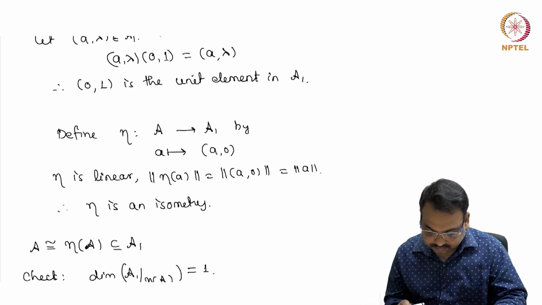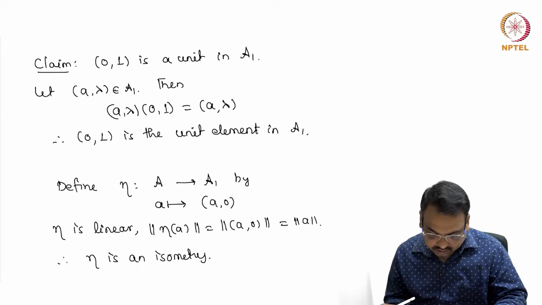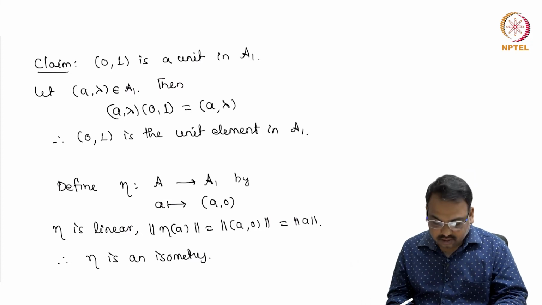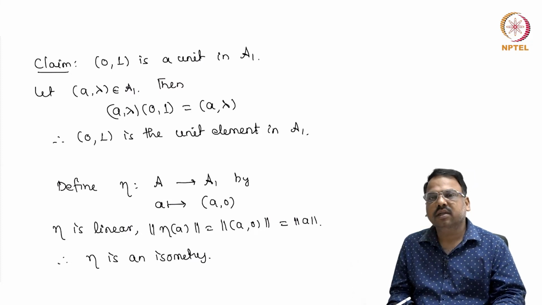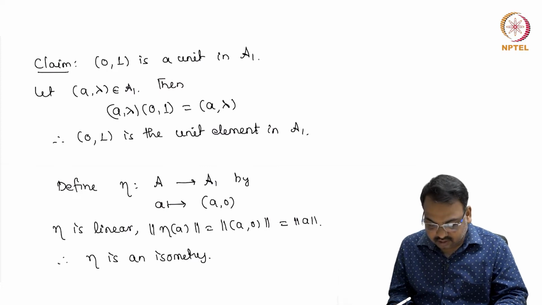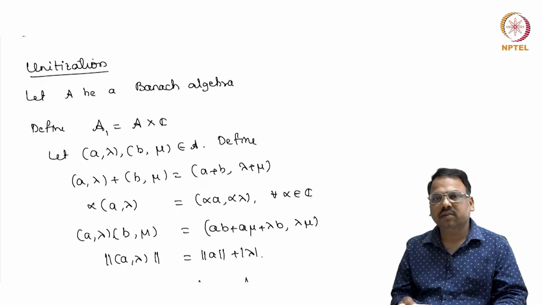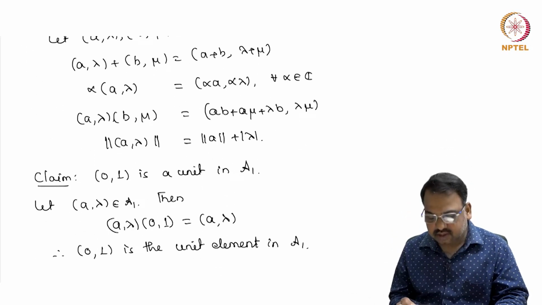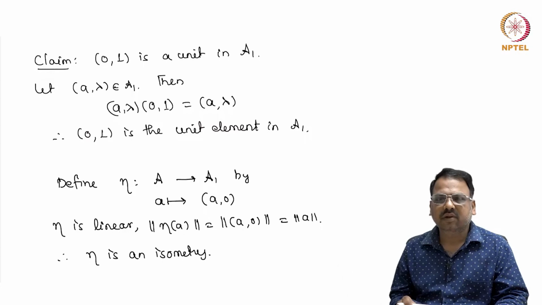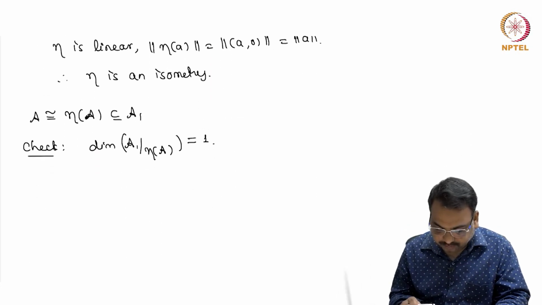Okay. So in this way we can embed a non-unital Banach algebra in a unital Banach algebra as an isometric embedding. For this reason we always assume that all Banach algebras and C-star algebras that we are going to consider are unital.